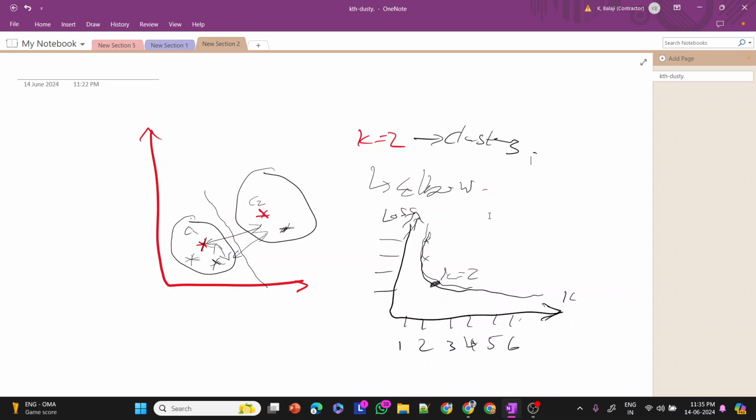We need to mainly focus on how many centroids will be correct to solve this problem.